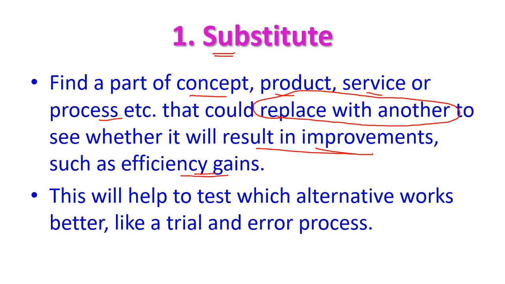That is, a part of the product should be replaced to improve efficiency, and this will help to test which alternative works better, like a trial and error process. So based on trial and error, we select the best alternative; that is called substitute.